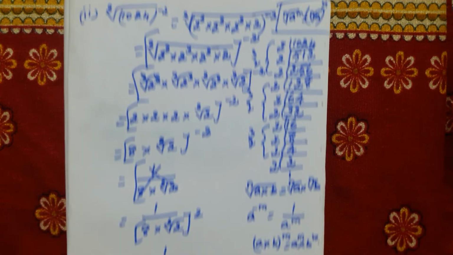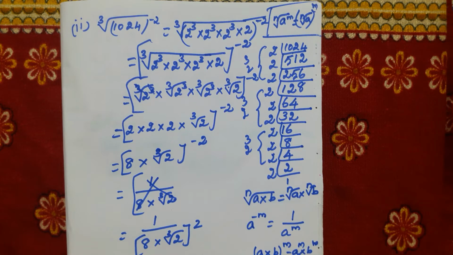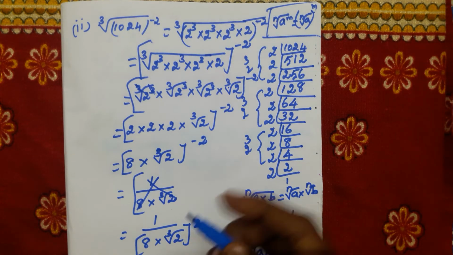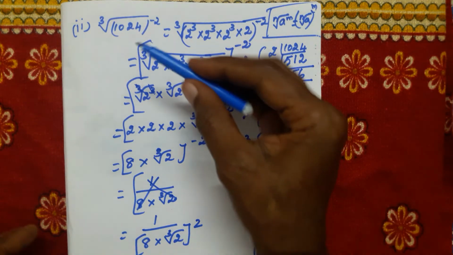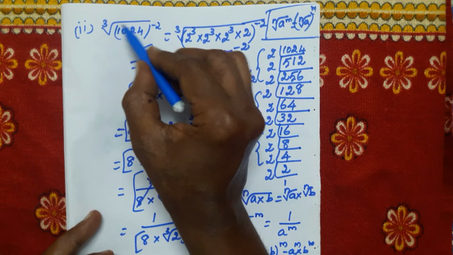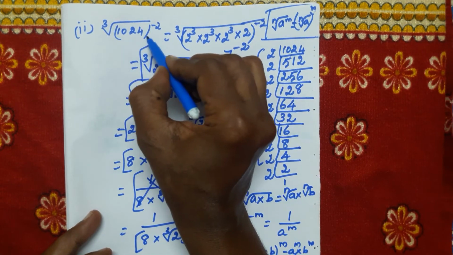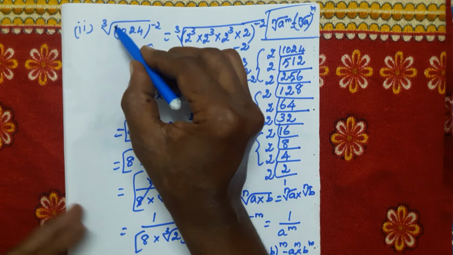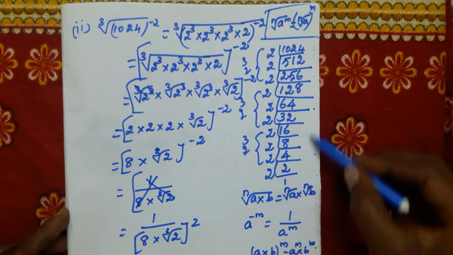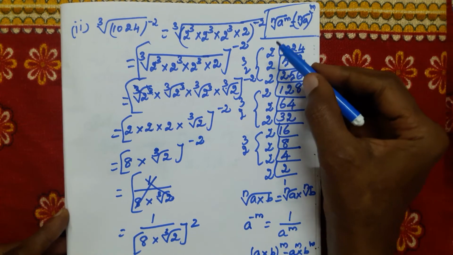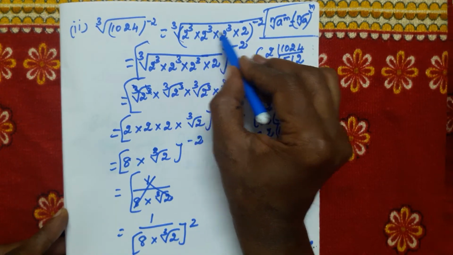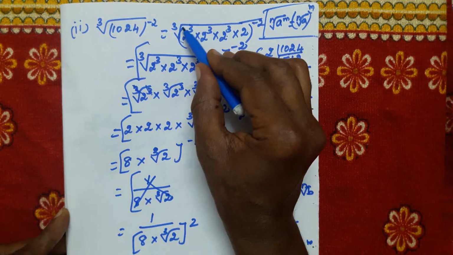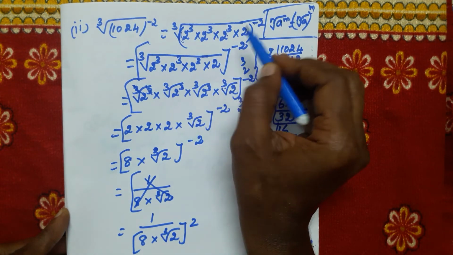Once again, I am explaining this problem. Listen carefully. Here more laws we are using. So please listen carefully. Cube root of 1024 power minus 2. First, we have to factorize this 1024. So we are getting cube root of 2 cube into 2 cube into 2 cube into 2, power minus 2.